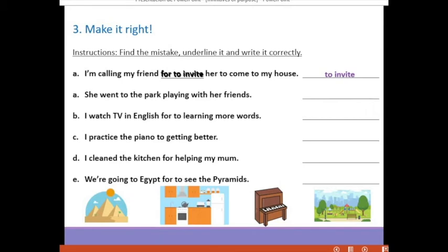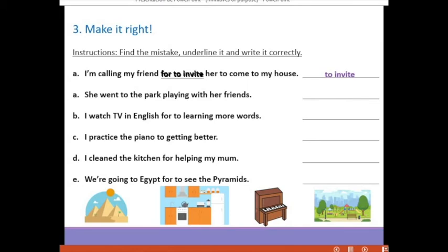So please, can you now find the mistakes, the problems with the rest of the sentences? On a piece of paper, the paper you have at home, write only the error. It's not necessary to copy the complete sentence. Only copy the error and write the correct option.